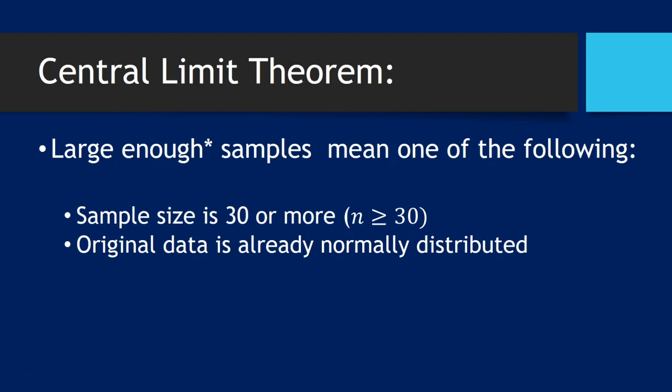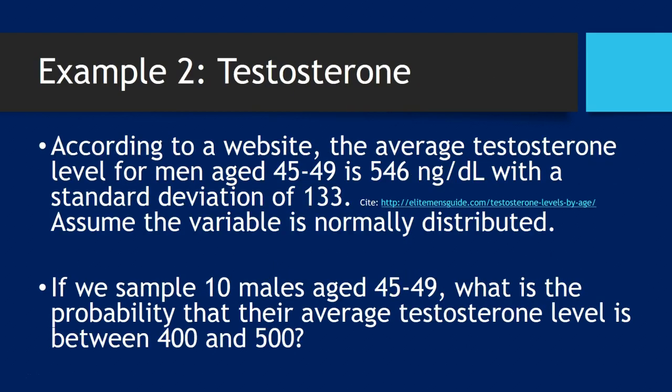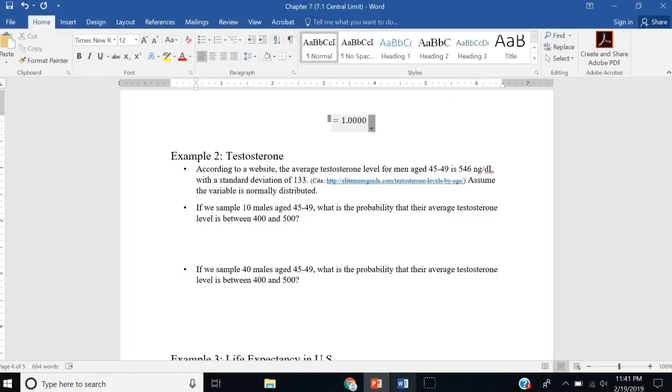But not all is lost because we have this other addendum that says, well, we can use less than 30 if our data was already normally distributed. And sure enough, we're assuming that the original data is normally distributed. So we can use the central limit theorem.